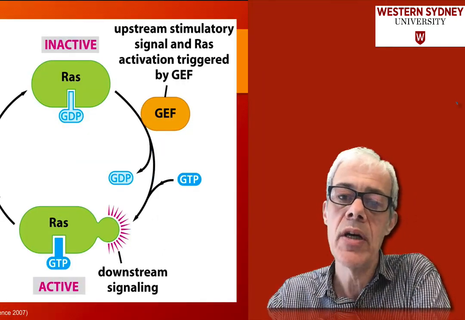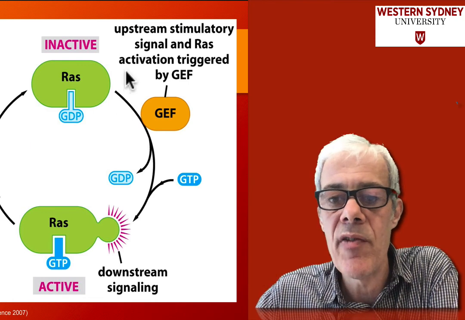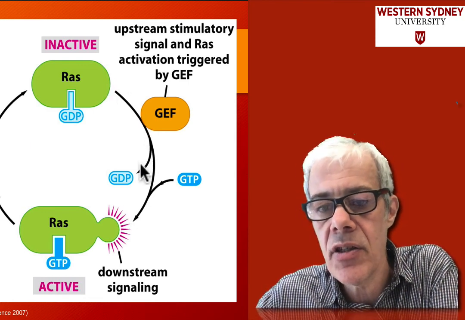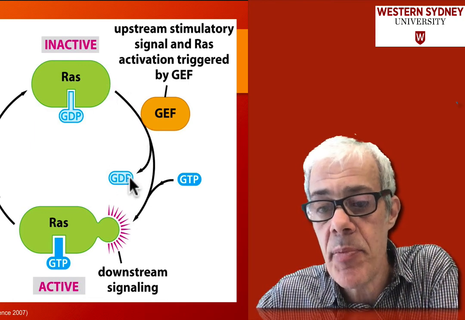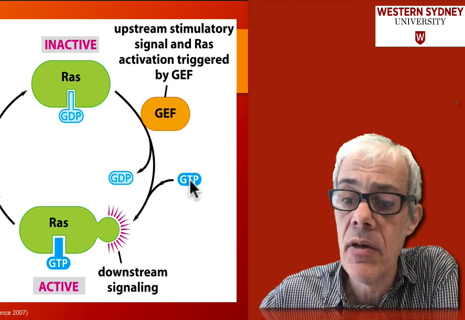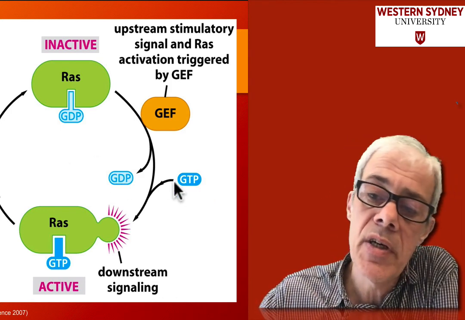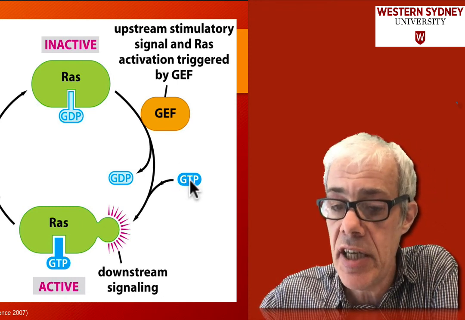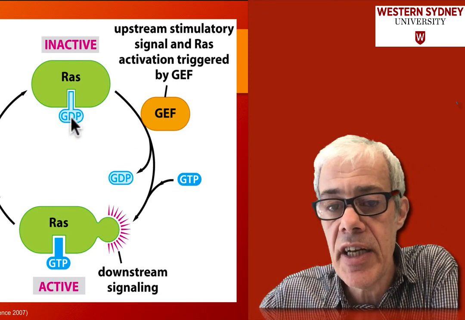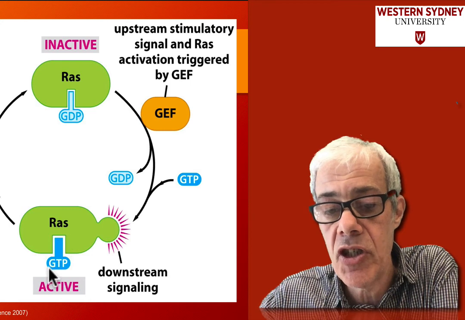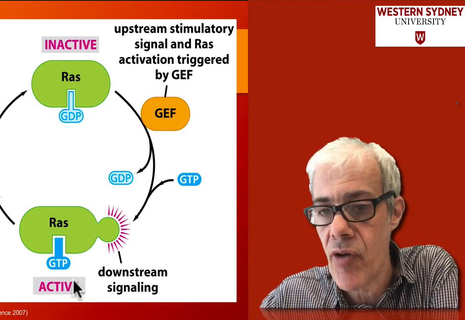We have two independent processes. We have a process of activation where GDP is exchanged for GTP. So one molecule of GDP is removed and it's replaced by GTP. And when you remove the GDP and replace it with GTP, you get active RAS.